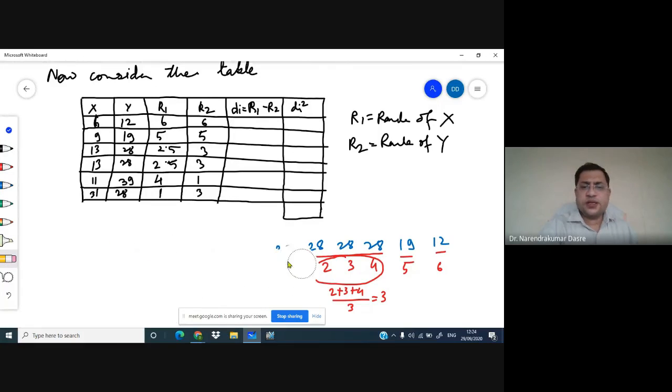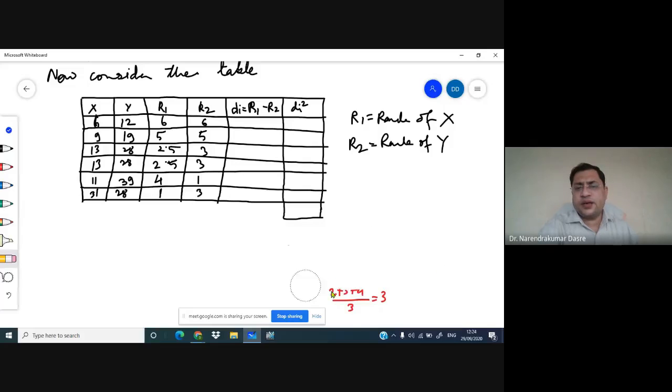So calculate the difference. This is going to be 0, 0, then 0.5, 0.5, then 3, and this is minus 2. So squares: 0, 0, 0.25, 0.25, then this is 9 and this is 4.